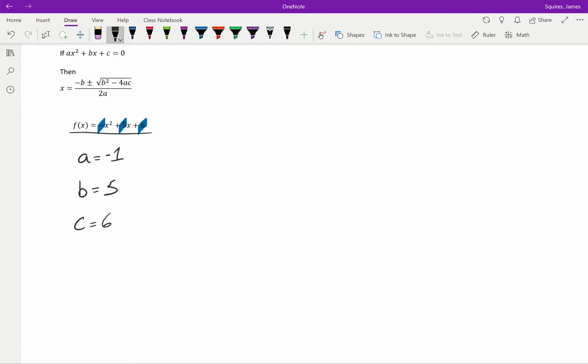So now we can plug these values for a, b, and c into this quadratic equation right here to be able to solve for what x equals. So let's do that. X equals minus b plus minus the square root of b squared minus 4 times a times c. C is 6, all divided by 2 times a.